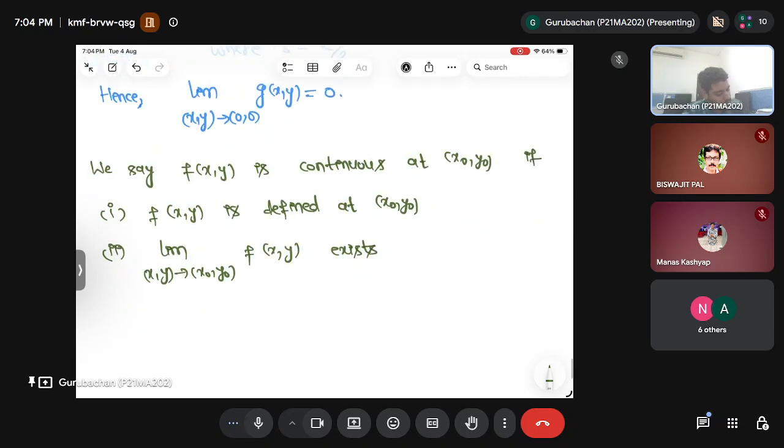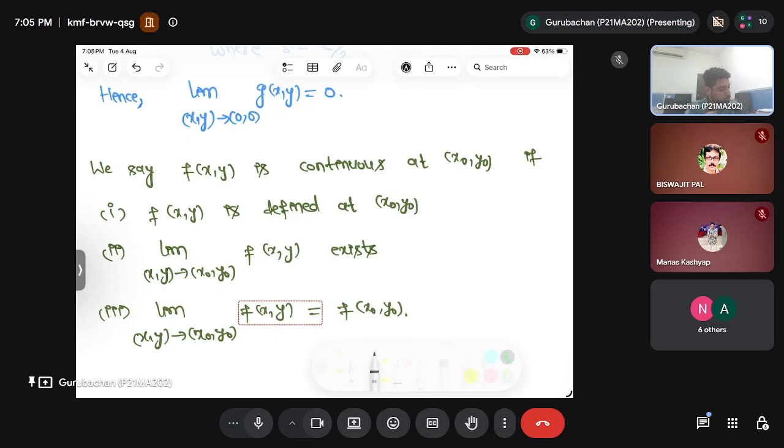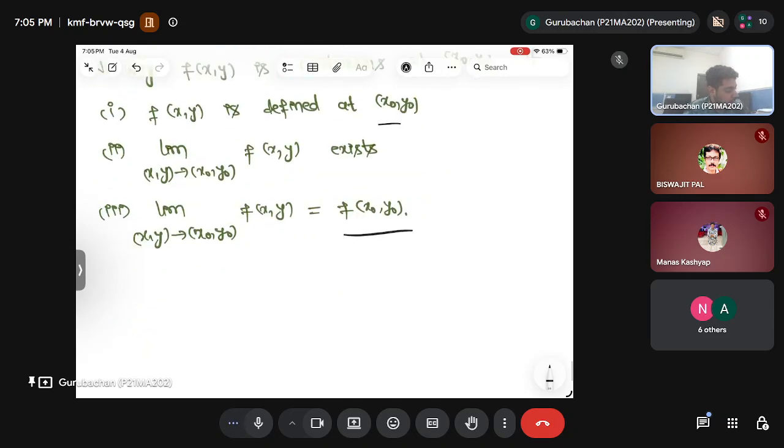And third one is that the limit as (x,y) tends to (x naught, y naught) of f(x,y) should be equal to the functional value at that point. If these three conditions hold, then we can say that our function is continuous at (x naught, y naught). So just these two steps are added, otherwise you have to follow the same approach. You have to calculate the limit and all. So let me write the question directly here.